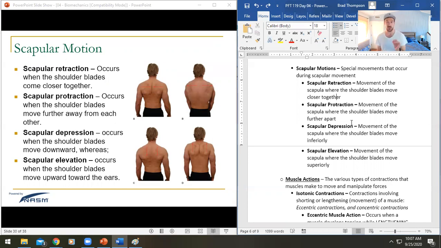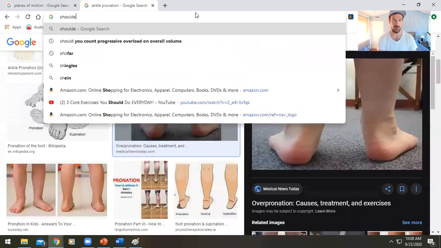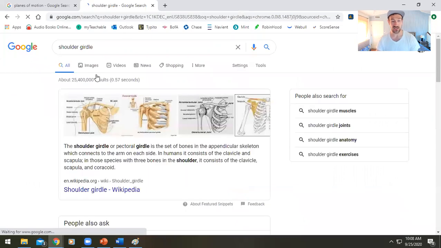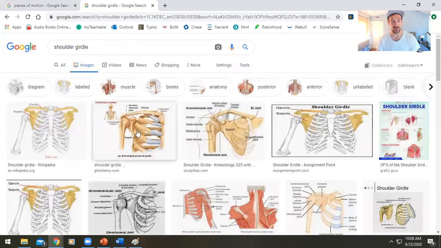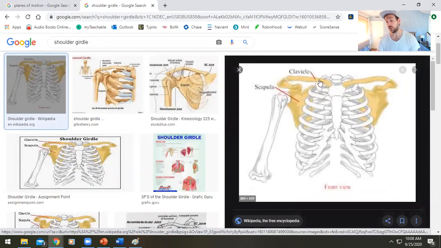There's a difference between your scapular joint and your shoulder joint. That's the difference between what's called your shoulder girdle, which is this. That's your scapula. See how the yellow part here? That's your shoulder girdle, right? It's your collarbone and your scapula.